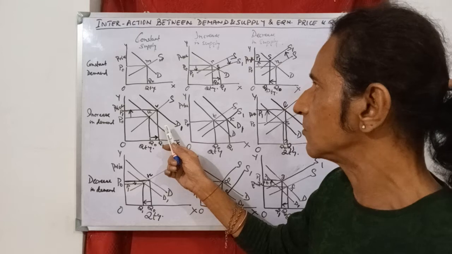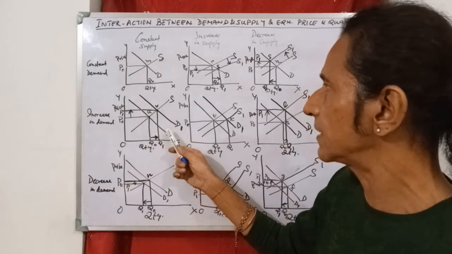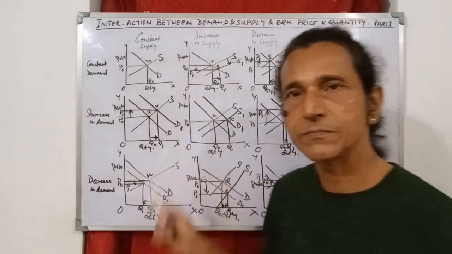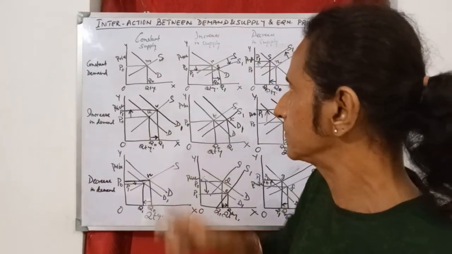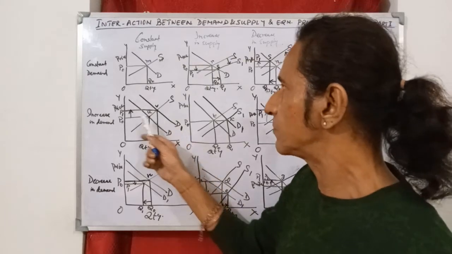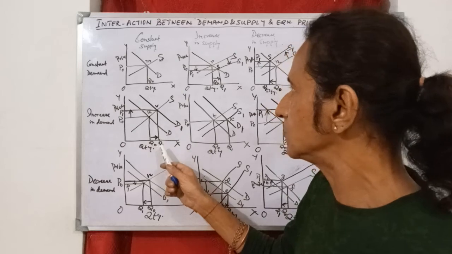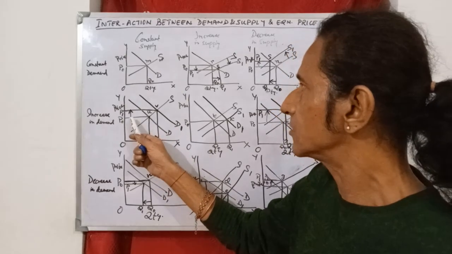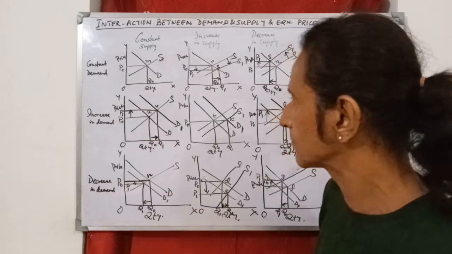As demand increases without any change in supply, the demand curve D shifts parallelly rightward to D1, and D1 and original supply curve S intersect at point V. So new equilibrium price is P sub 1 and new equilibrium quantity is Q sub 1. That means equilibrium price increases and equilibrium quantity also increases.